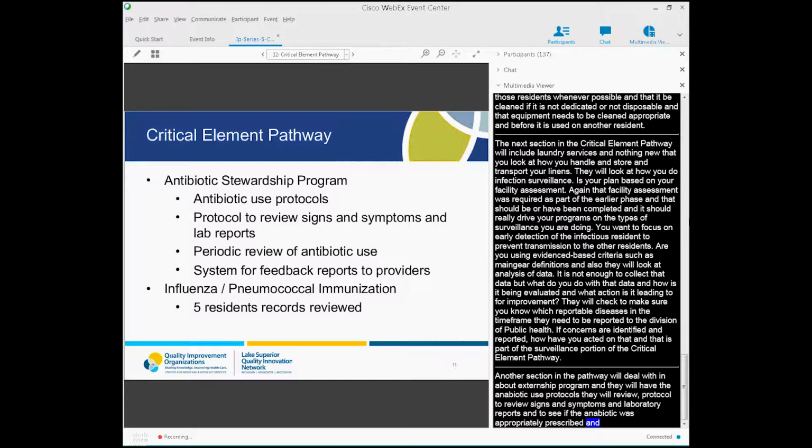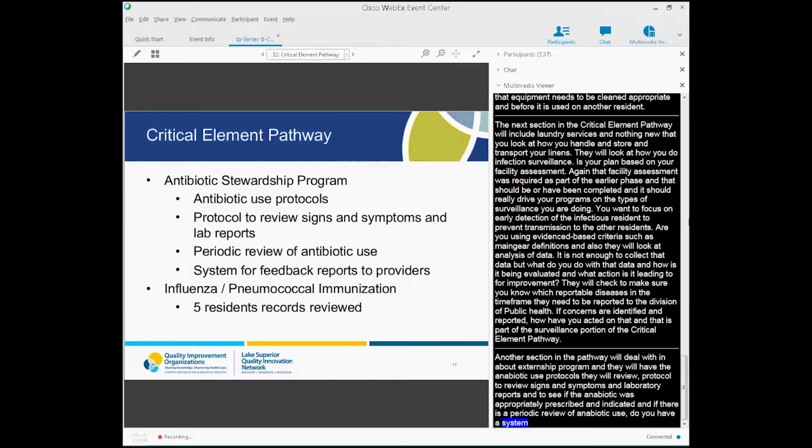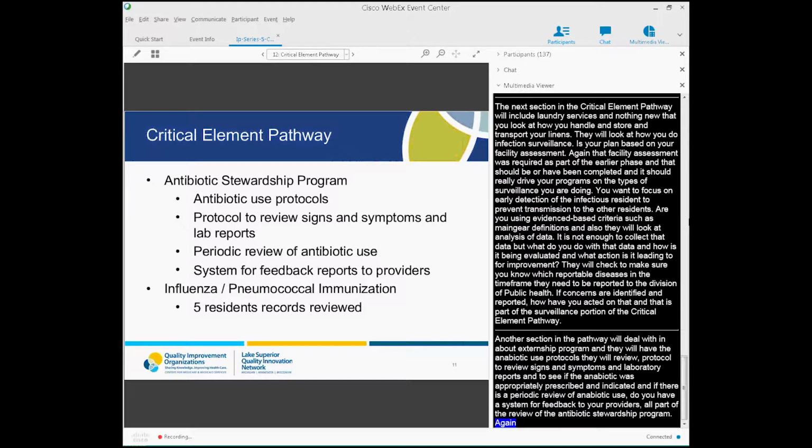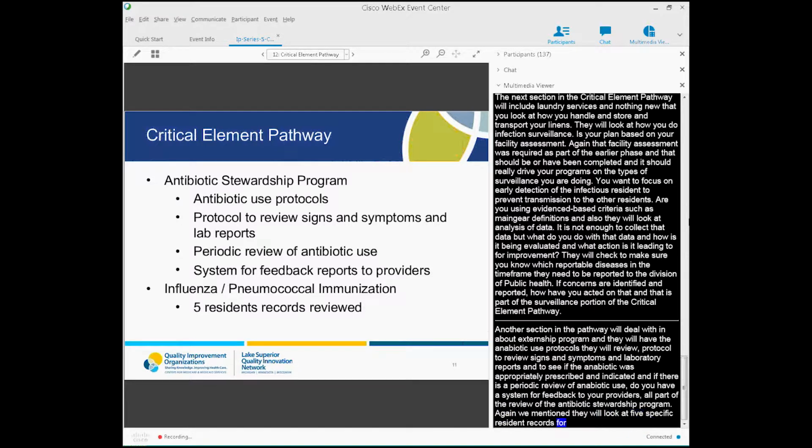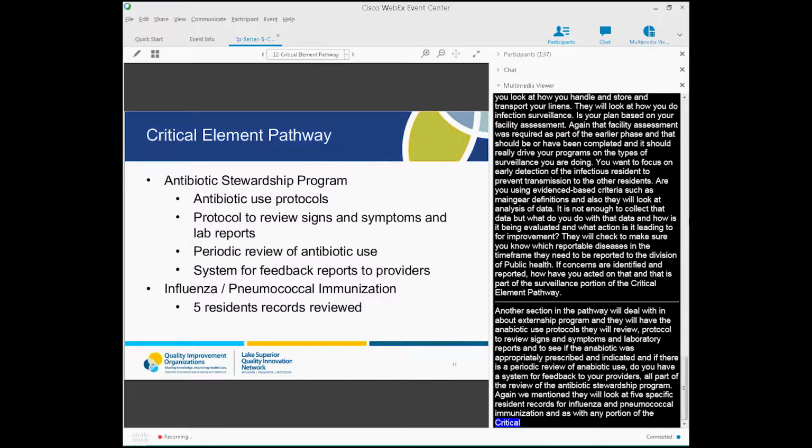Do you have a system for feedback to your providers? All part of the review of that antibiotic stewardship program. Again, we mentioned that they are going to look at 5 specific resident records for influenza and pneumococcal immunization. As with any portion of the critical element pathway, if they notice that things weren't done appropriately, they may look at more than 5 residents.